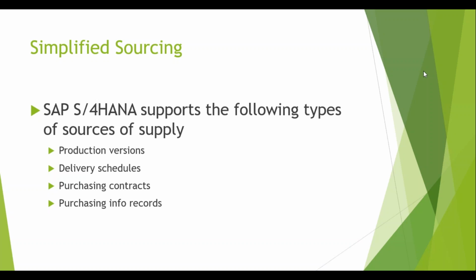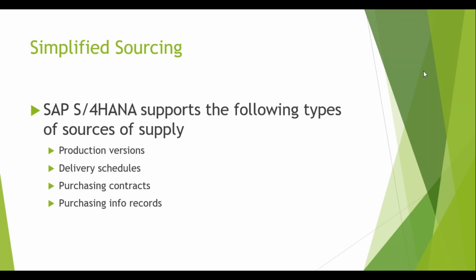Very importantly, for in-house manufacturing, till now you were mentioning the valid BOM and valid routing in the material master. Now that is not required. Production version is mandatory. For each and every final product, you need to have a production version available, which specifies which BOM and which routing should be used.